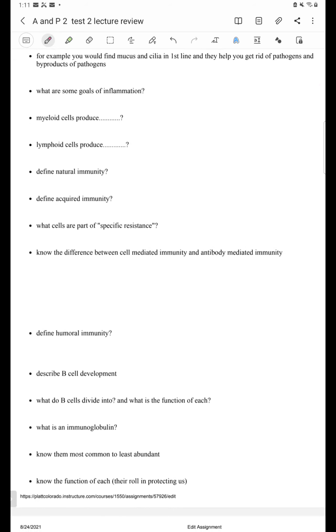Okay, we looked at the bone marrow, which ultimately produces your blood, and there's a bunch of different routes that it takes: your red blood cells, your white blood cells.